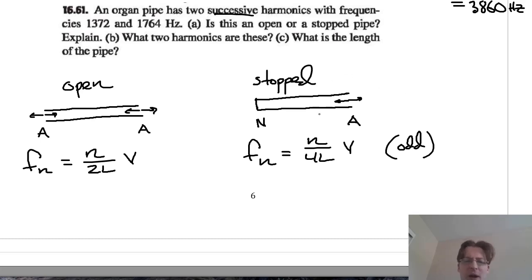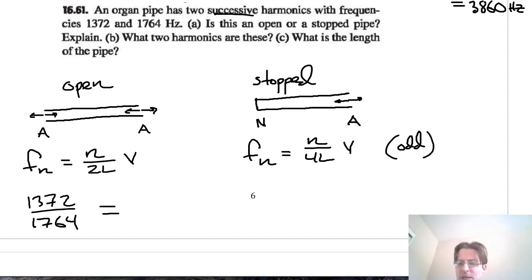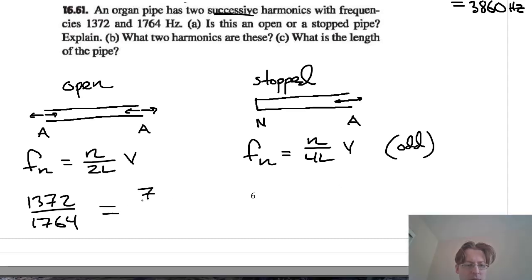So to figure out which kind it is, I'll take a ratio of the two harmonics. What I'll do is I'll take 1372 divided by 1764, and I'd see what that ratio is. It comes out to be 7 over 9.